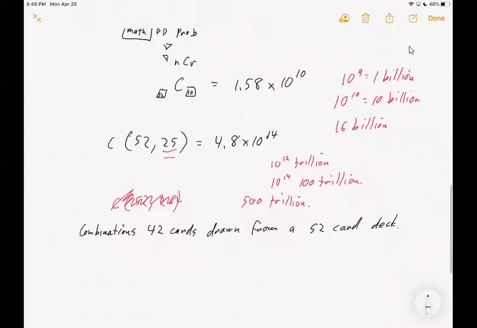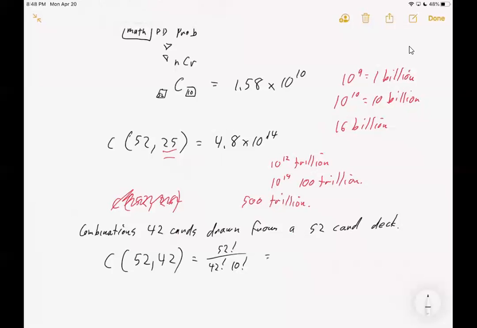Okay, so you could put this into your calculator, the combination for 52 comma 42. So that would be the combination of 52 things with 42 selected. And you would see that it is 52 factorial over 42 factorial 10 factorial. All right, that's what it would be equivalent to.